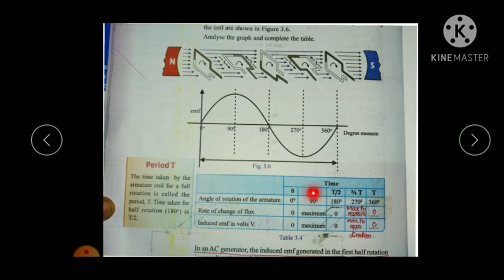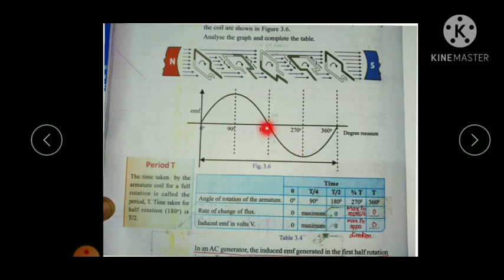When it is rotated to 90 degree, what happened? The rate of change of flux becomes maximum. So here it is written maximum, and at this stage induced EMF is also maximum.